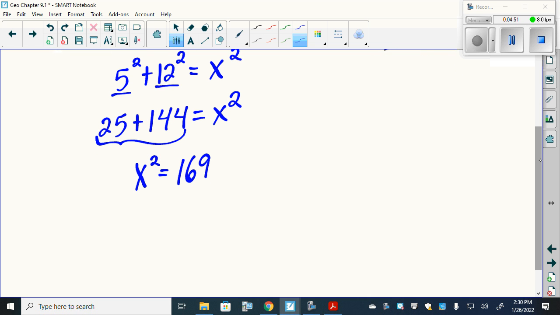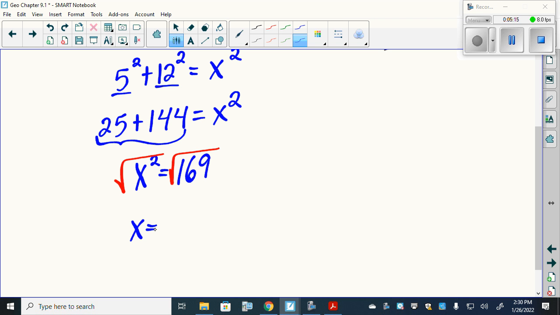And last but not least, what do we need to do to get x by itself? We need to take the square root of both sides, because the square root of x squared is x. When we take the square root, we're trying to figure out what times itself will give us what's inside the radical.